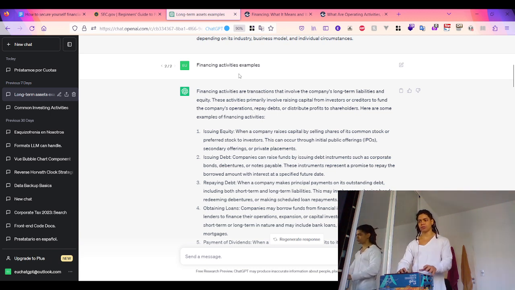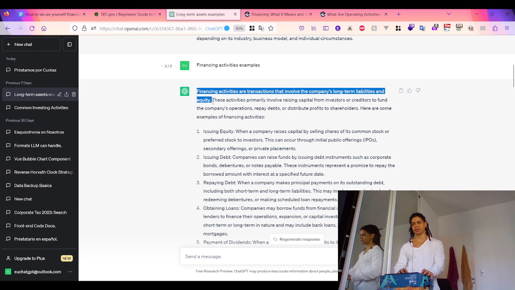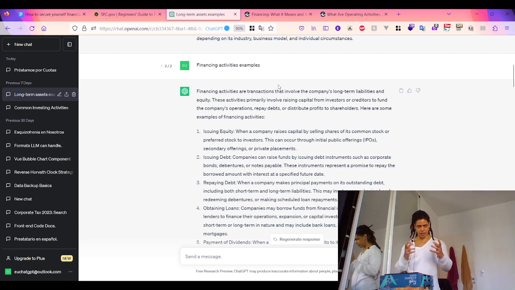This is what financial activity means, according to this large language model.